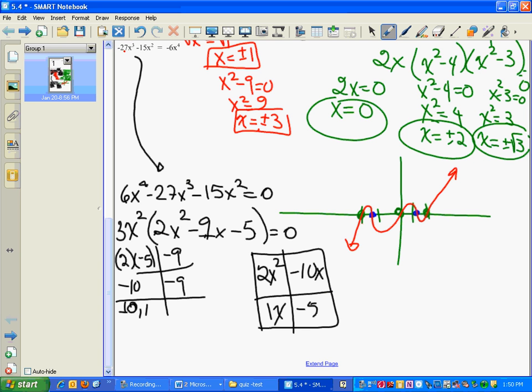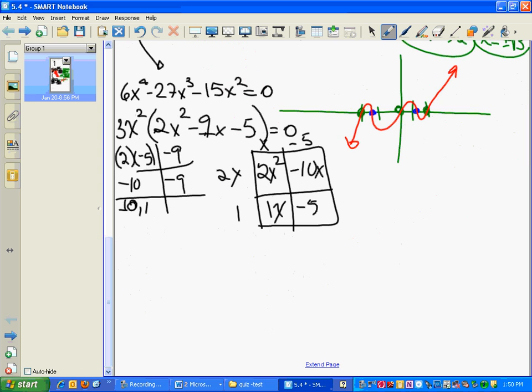Correct, because I'm down to just x squared and x. Don't forget, when you pulled something out, that it's got to come down as part of your work. Because what's the product of -10 that gives me -9?